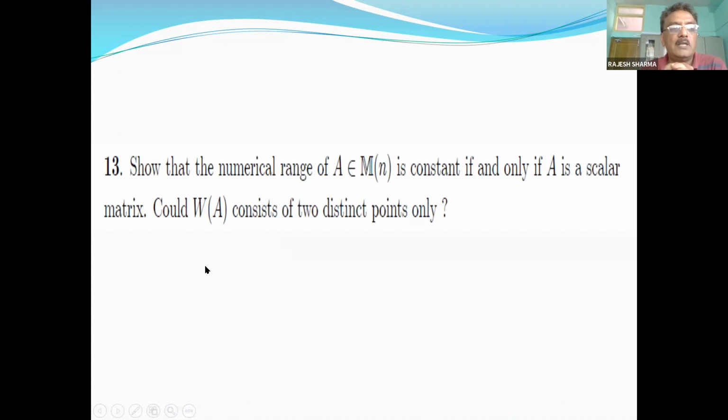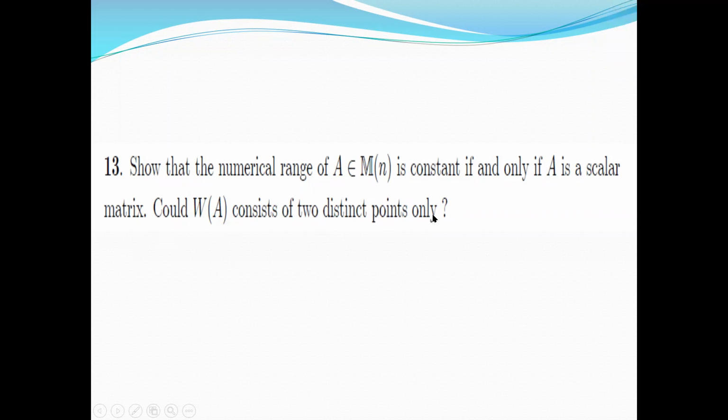Yes, question number 13. Show that the numerical range of A belonging to Mn is constant if and only if A is a scalar matrix. Could W(A) consist of two distinct points only? First, try to answer this second part. If it consists of two points, then it must contain the line segment between them because of the convex hull.